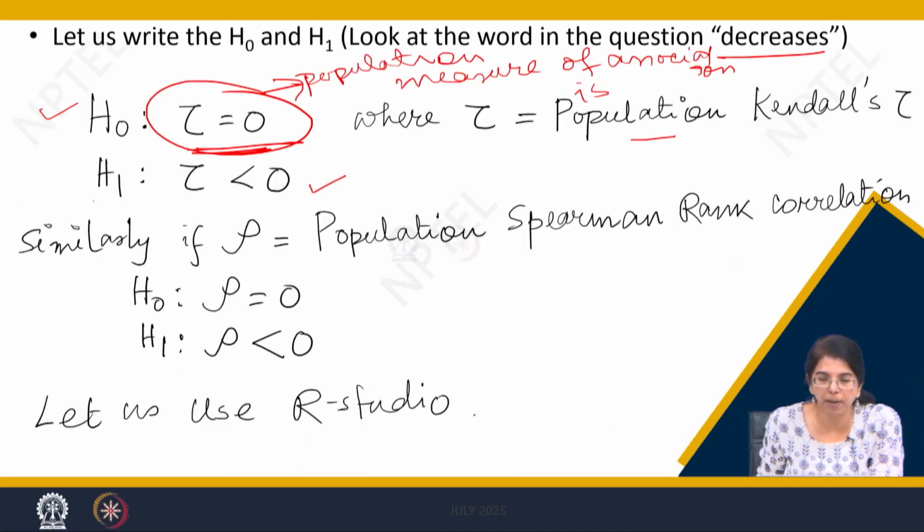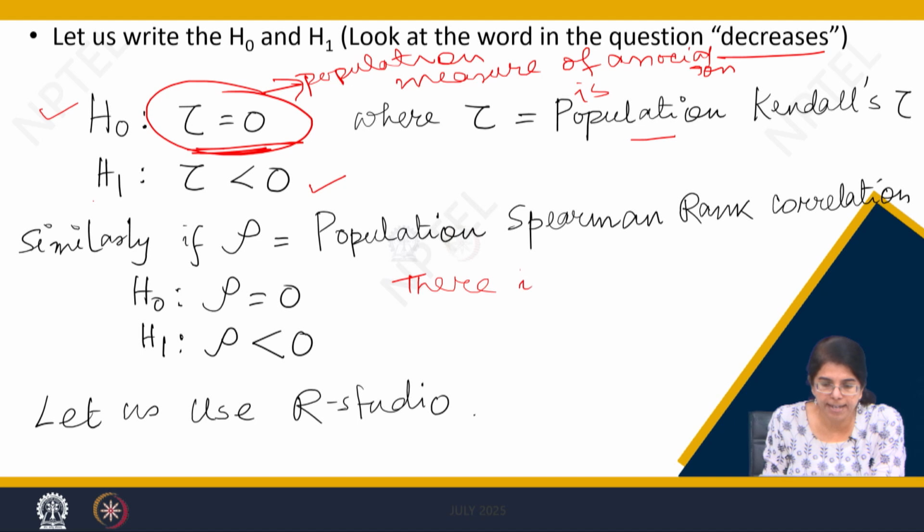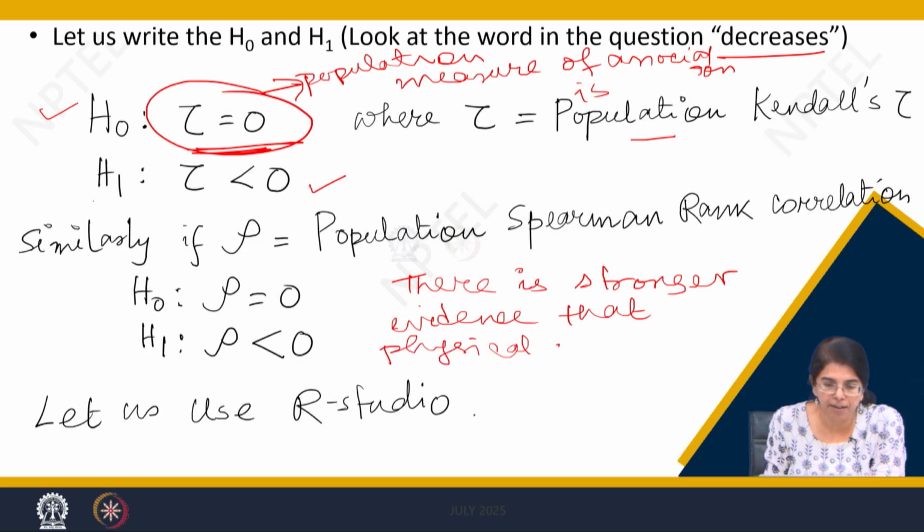Your alternative hypothesis is yes, physical strength decreases with fatigue. So your conclusion will be, there is stronger evidence that physical strength decreases with fatigue. That will be your final answer.